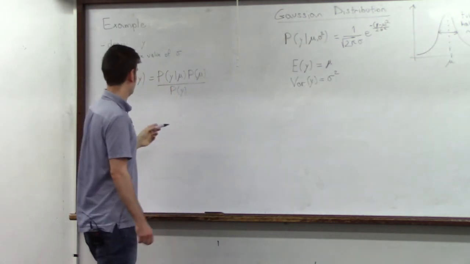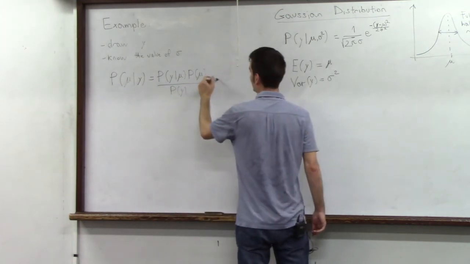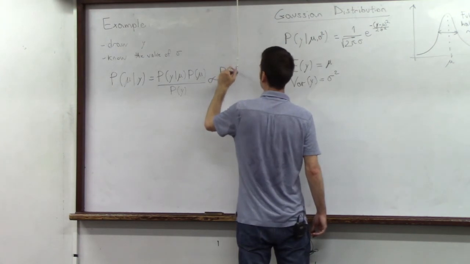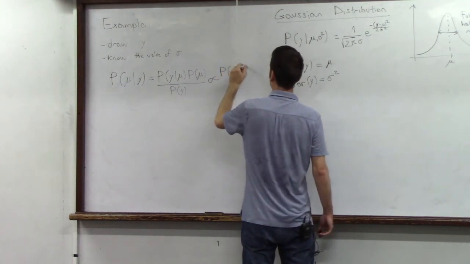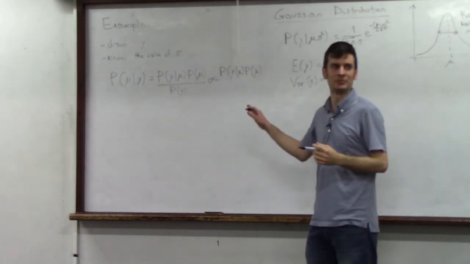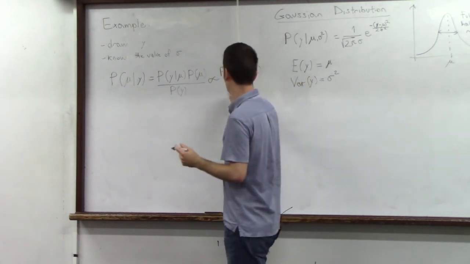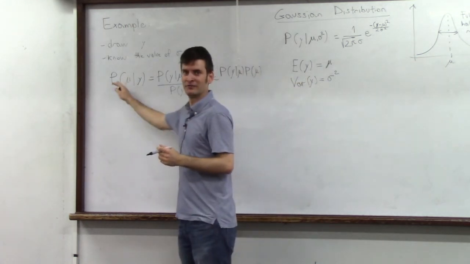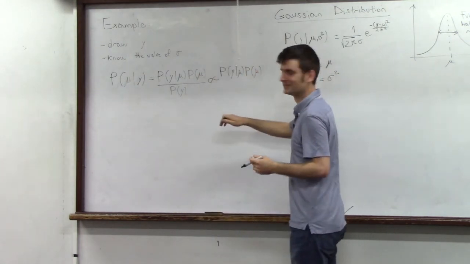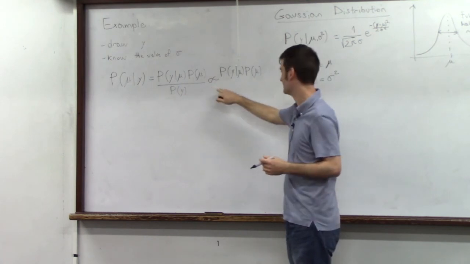Now, we can also forget about this and just write this, since in many cases we're not really interested in the absolute value of the posterior, but only the relative values. We want to know how different values of mu are more likely with respect to each other. Does this make sense? Do you know this symbol? Okay, proportional to? Yeah, okay.